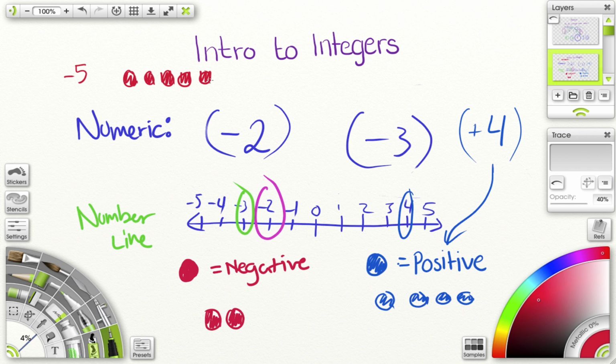And there you go. So today what you're going to have is I'm going to give you a bunch of integers, and you're going to try to represent them in 3 ways. By a number line, counters, and numeric.